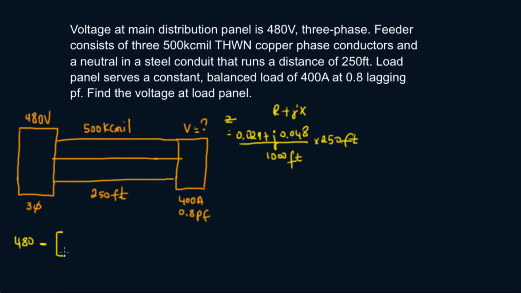So our voltage across these conductors would be I, lagging, so the angle is negative, times Z, our impedance already calculated to be 0.029 plus j0.048 per 1,000 feet, times 250 over 1,000.